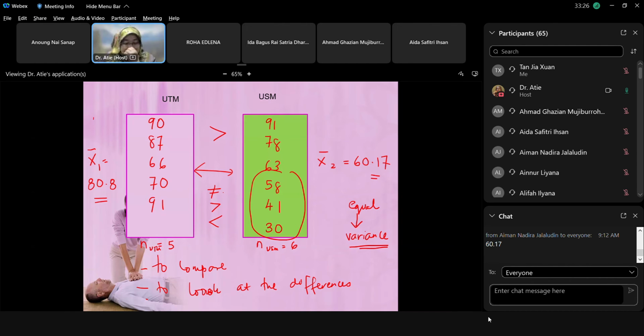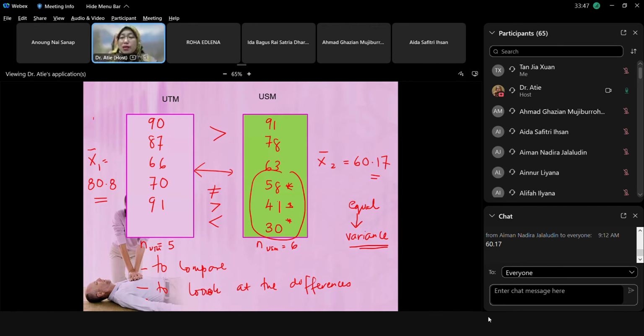So in real life, when we don't have equal variance between the groups, we need to replace these three people with somebody else in order to be equal to the others. It doesn't matter whether from UTM or USM, right?